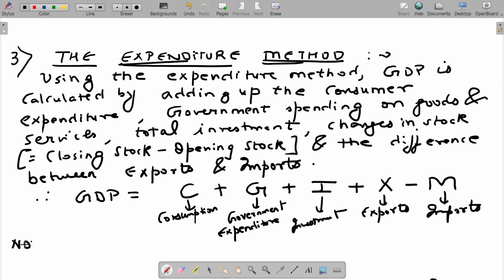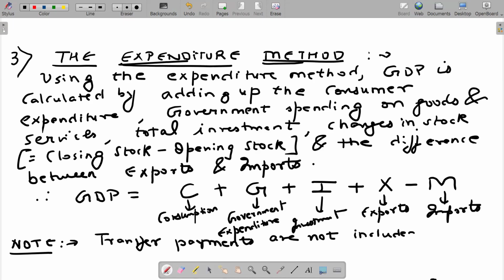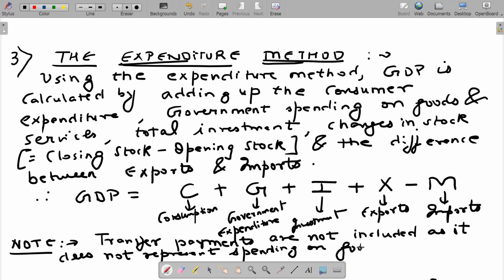So again, I can write a note that transfer payments are not included, as they do not represent spending on goods and services. Transfer payments do not correspond to expenditure on goods and services.